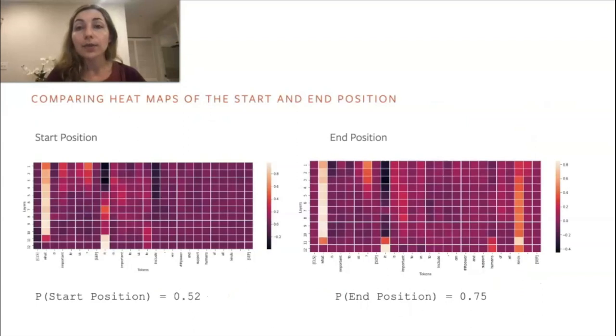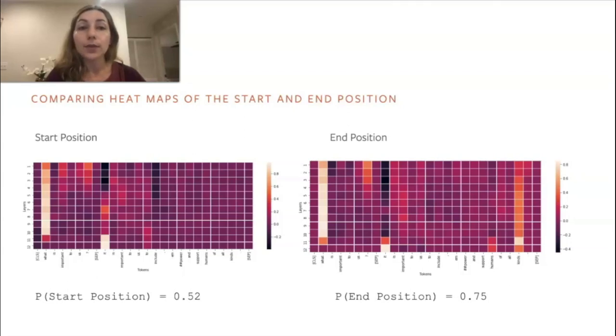When we put start and end position prediction heat maps next to each other, we can see some commonalities. First of all, we observe that the question token "what" has similar importance patterns for both heat maps. We observe similar phenomenon also for the "it" token.